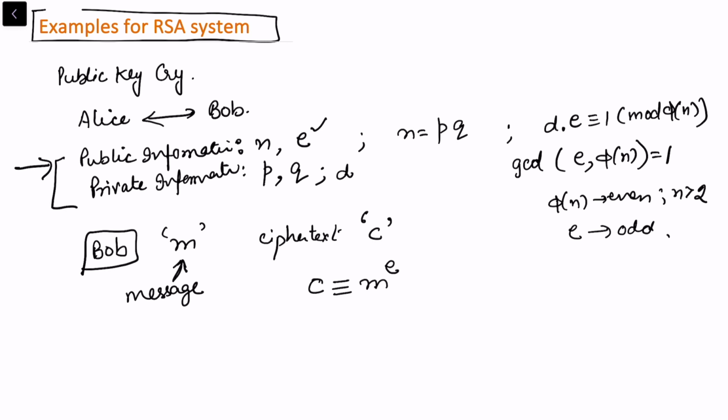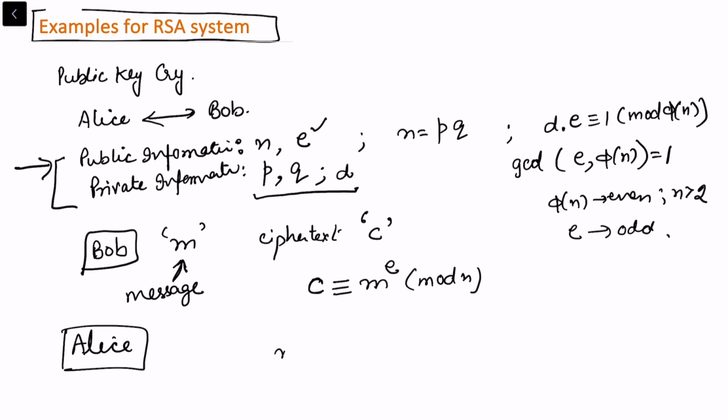So Bob can find the cipher text with respect to mod N and send C to Elias. Now Elias knows C, and Elias already has the information P, Q, D. So Elias calculates the original message M, which is congruent to C to the power D mod N, and the plain text is read by Elias.